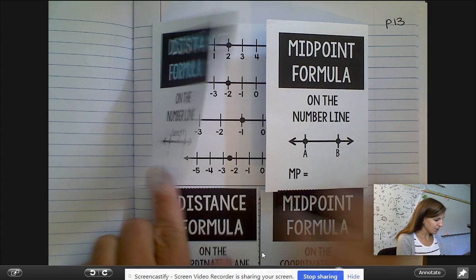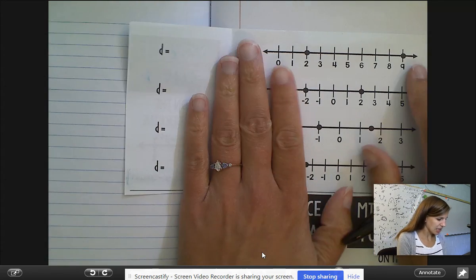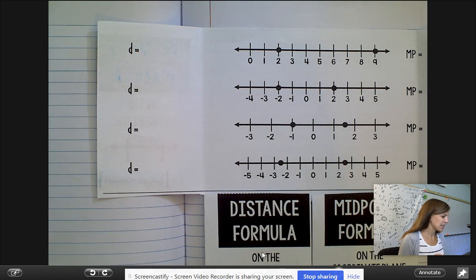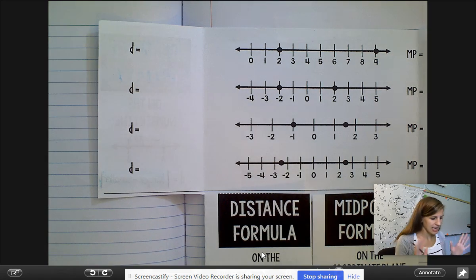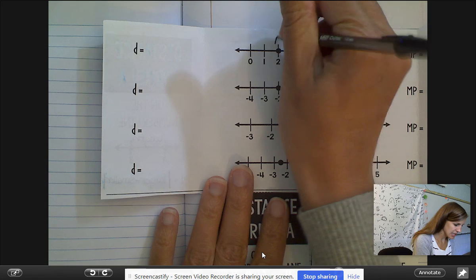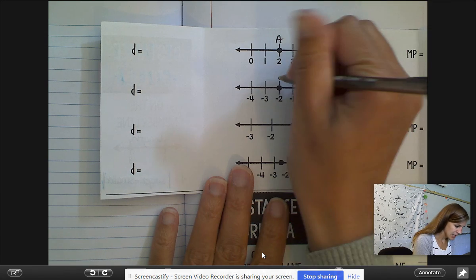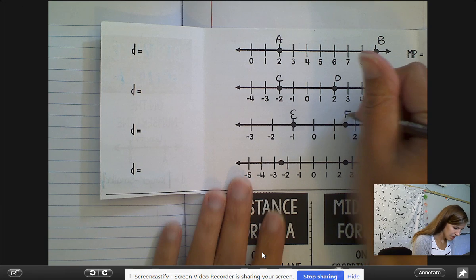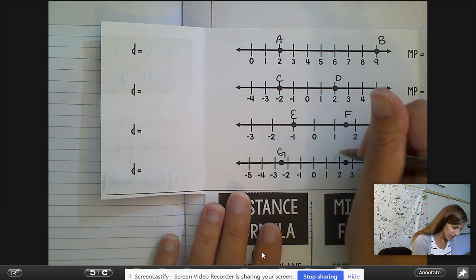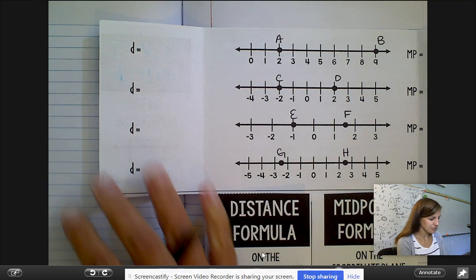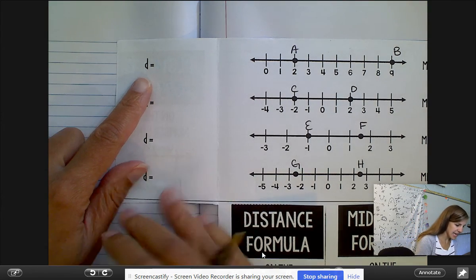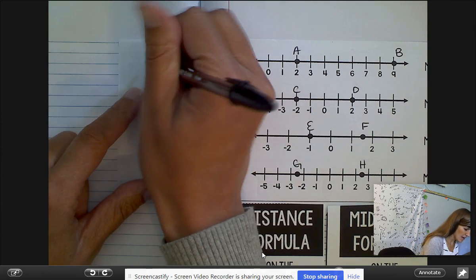Okay, so if we open that up and take a look up here, let's give these points some letters. Let's say this is A, B, C, D, E, F, G, H right there. Let's say we want to first find the distance of AB.